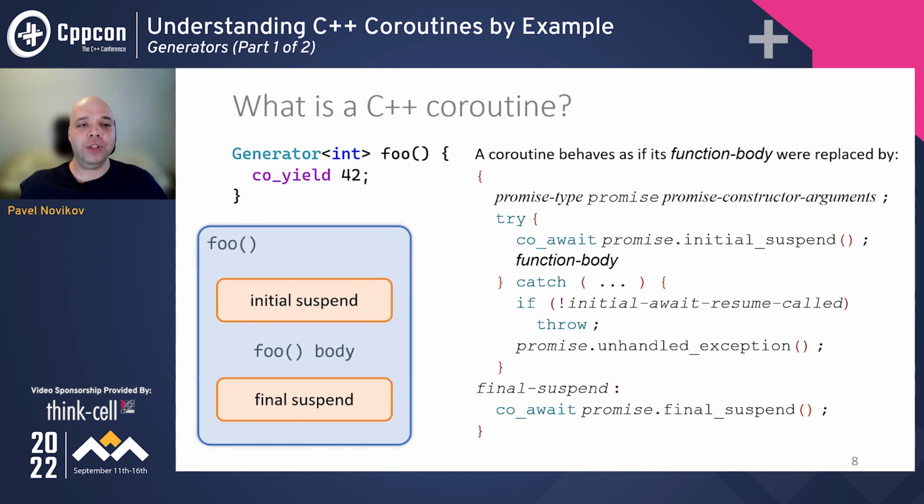We have our function, which is a coroutine. When we call this function, we get to the initial suspend point, where we can continue execution, or we can suspend the coroutine. Then we execute the body of the function, and then we get to the final suspend point. And again, we can finish execution of the coroutine, or we can suspend the coroutine at the final suspend point.